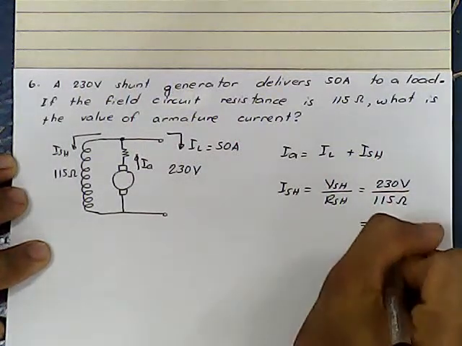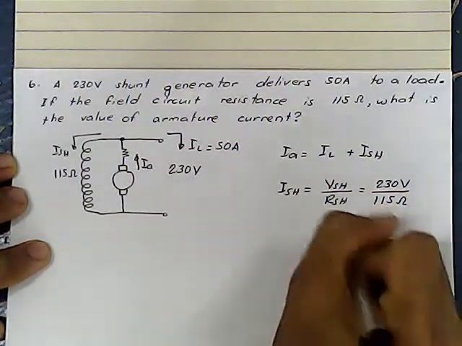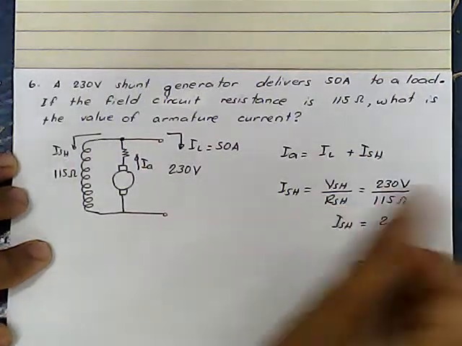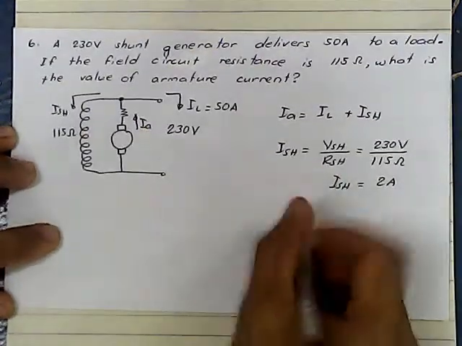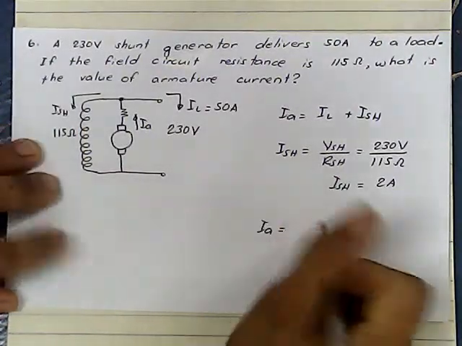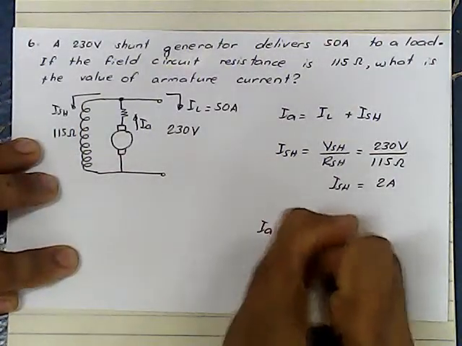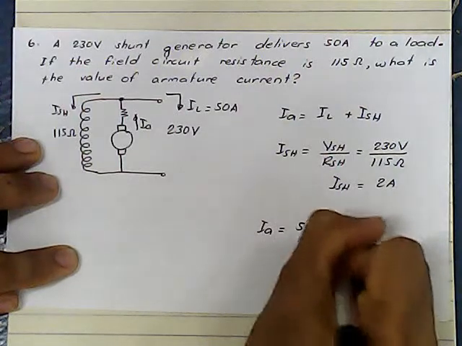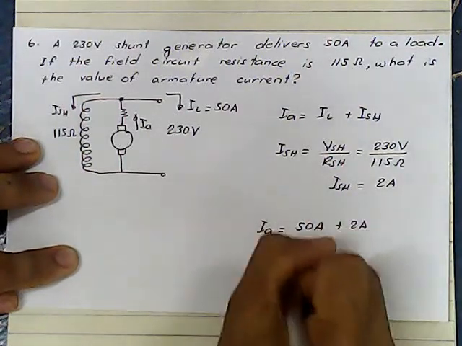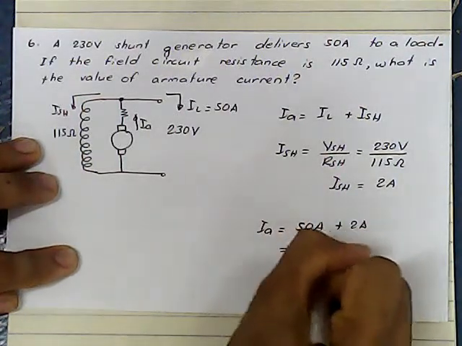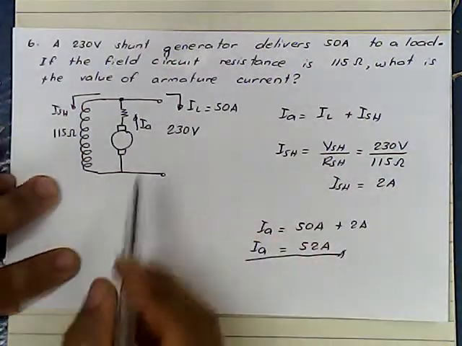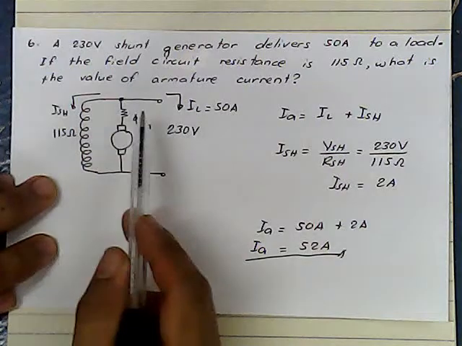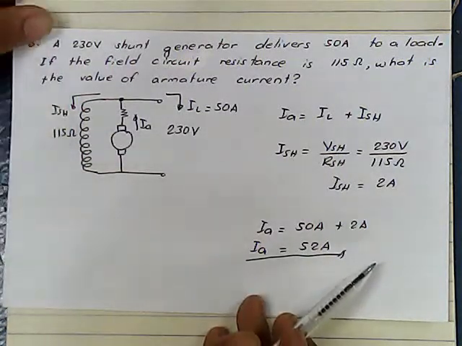This will give us 2 amperes. So, substitute that there. We're going to have IA is equal to 50 amperes plus 2 amperes, which is 52 amperes. So, 52 amperes, split into 2 amperes and 50 amperes.